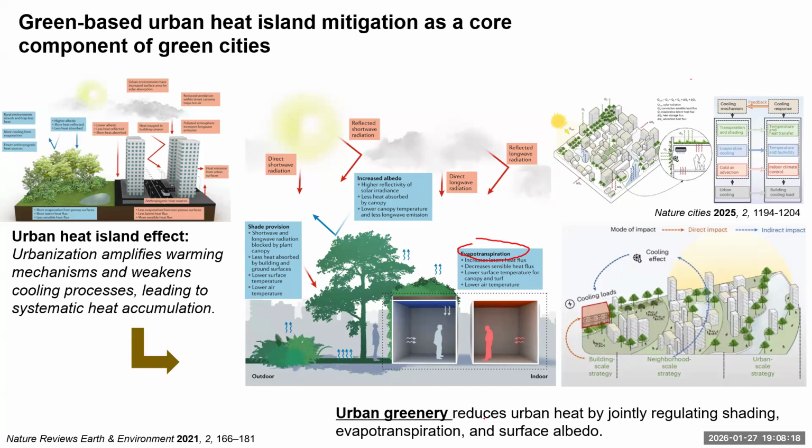So by providing shading, increased albedo or increased solar reflectance, and also evapotranspiration, the breathing of the plants, it can provide evaporative cooling, so liquid to a vapor.